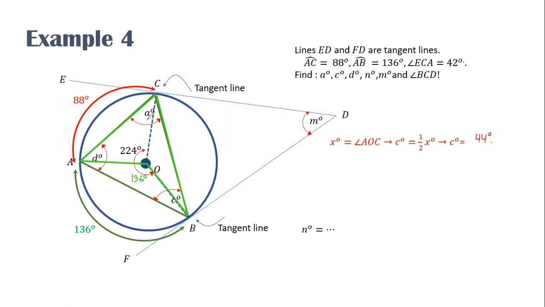So a degrees is 68 degrees. Next. y degrees is angle AOB, so a degrees is half of y degrees.